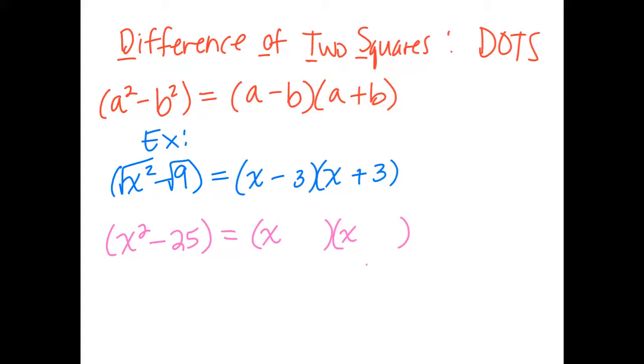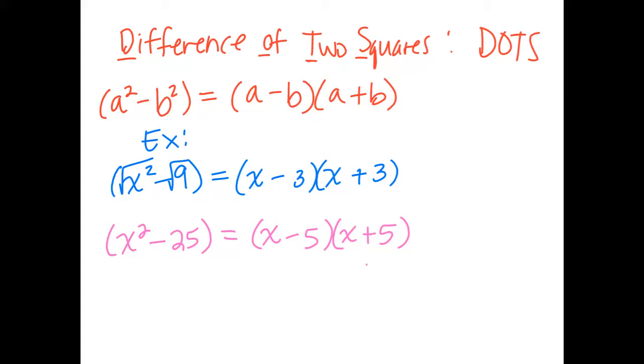The square root of 25 is what? 5. And then you need a subtraction and an addition symbol, okay? So those are called a difference of two squares. Very important, a difference means subtraction. There has to be a subtraction sign in between them, okay? And then these two have to be perfect squares in order for you to be able to split them up into two binomials like that, okay?